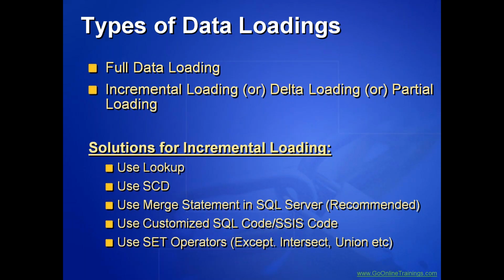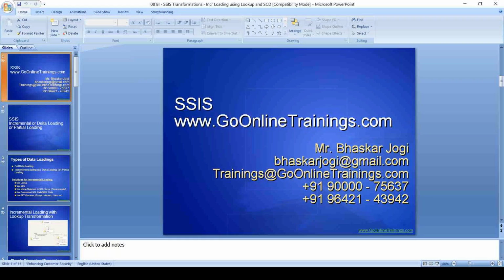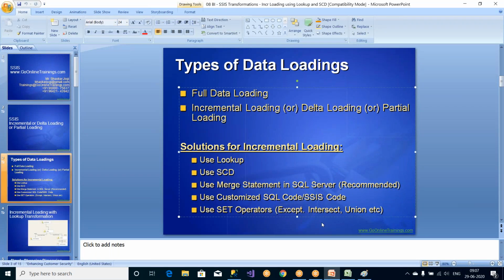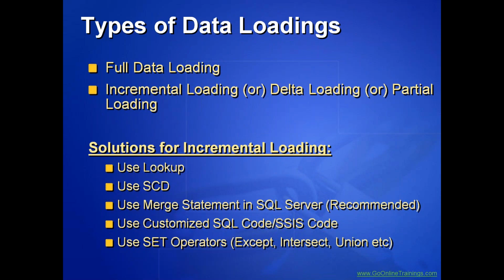Use set operators: EXCEPT, INTERSECT, UNION, all of them you can use to perform incremental loading. Am I clear? There are many ways available. You can use the Lookup transformation to perform incremental loading.